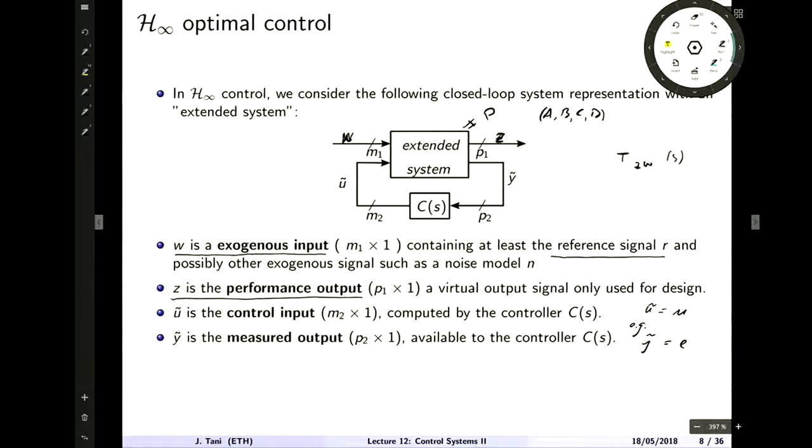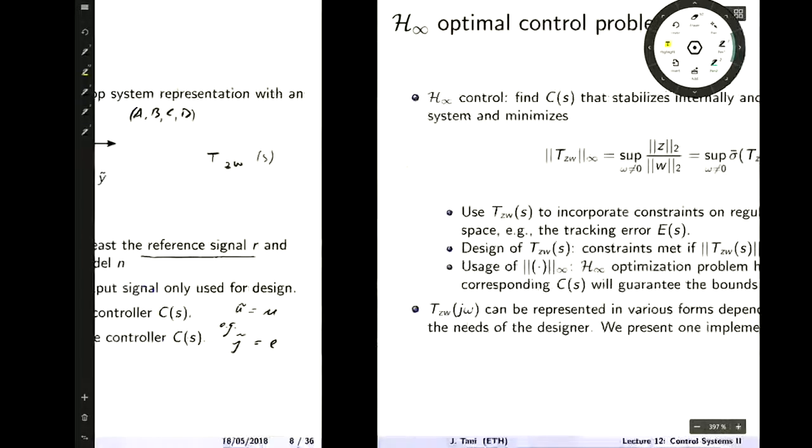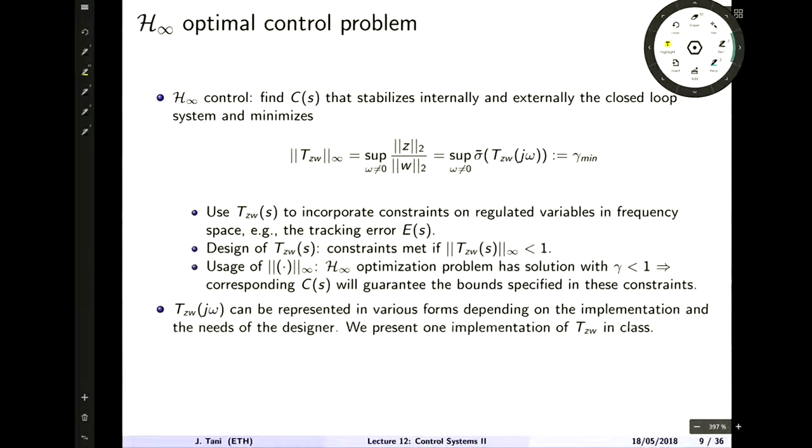So in, for instance, state space, we have the infinity norm of TWZ, which is another way of saying the supremum over all frequencies of the 2 norm of C over the 2 norm of W. So we look at ratios of 2 norms, which is the same as the maximum singular value of this transfer function. Okay? So this is what we minimize, and we will call it gamma min.